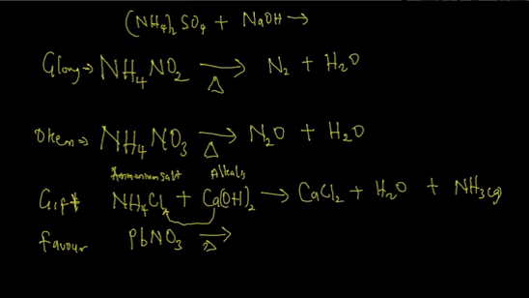I said if you have an ammonium salt reacting with an alkali, an alkali is a soluble hydroxide of a metal. Put that down. The soluble hydroxides are sodium hydroxide, potassium hydroxide, and calcium hydroxide. Those are the ones you need to know for your level. There are more, but these are the most important ones. Sir, please, you are too fast. An alkali is a soluble hydroxide of a metal.